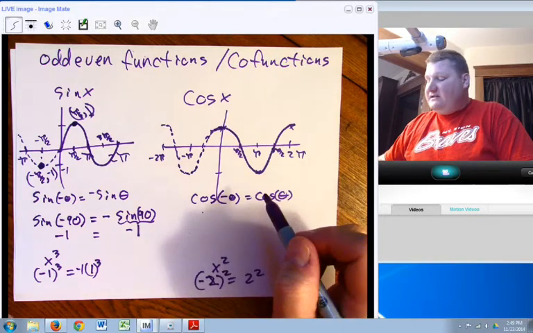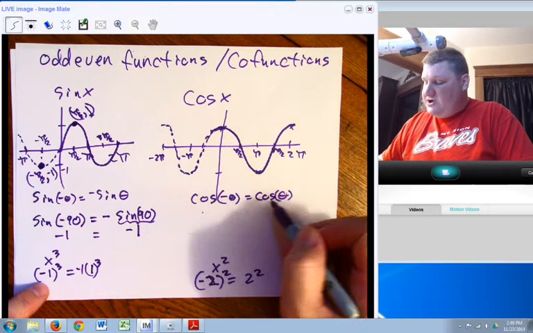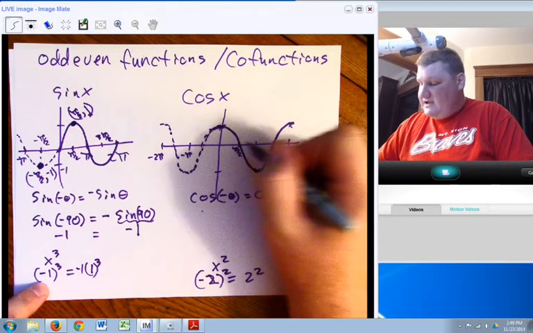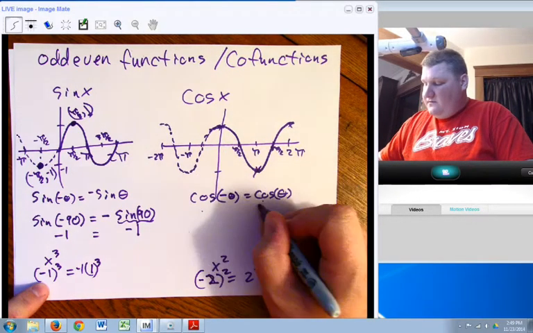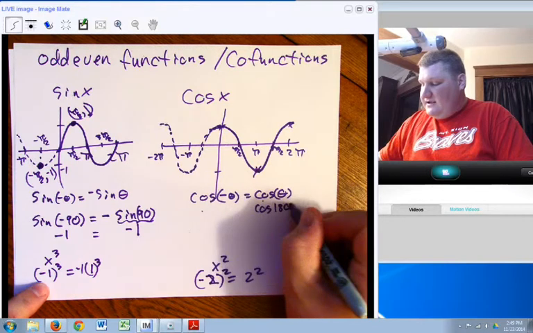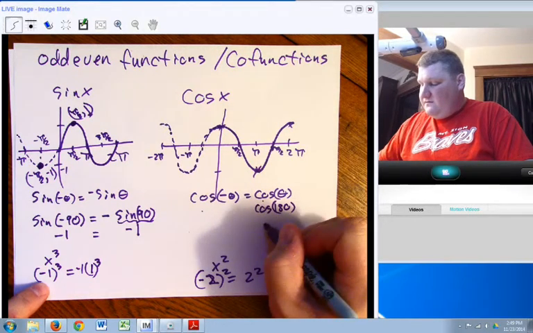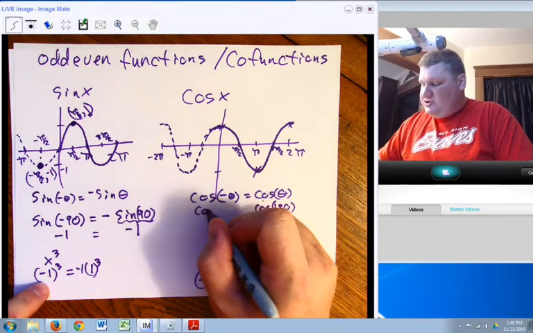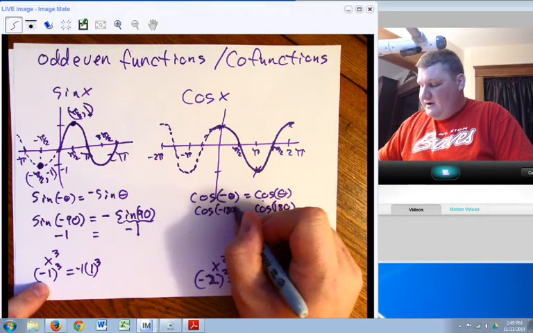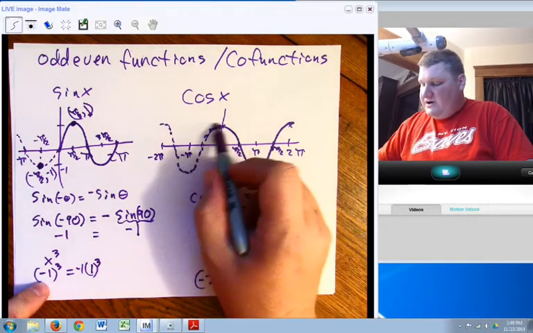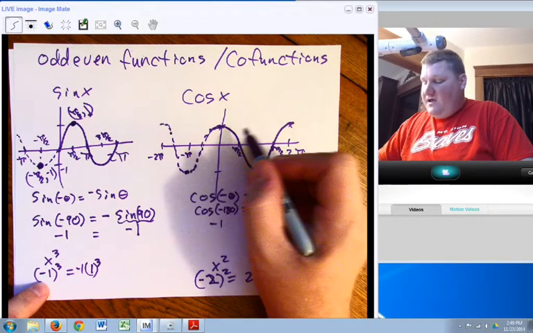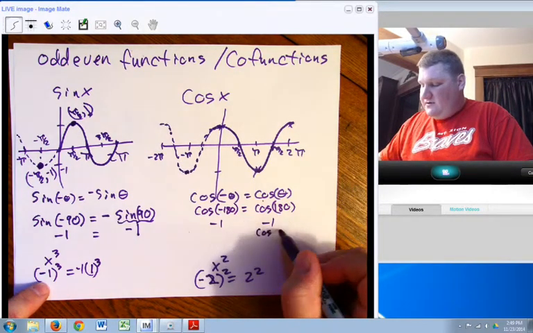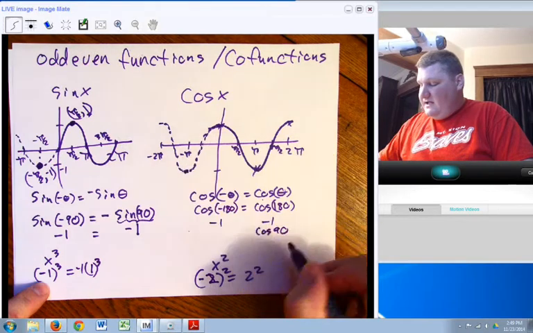So, if that's our case, let's say cosine of 180. That equals negative 1. Cosine of negative 180, that's also going to equal negative 1. If I did cosine 90, I get 0.